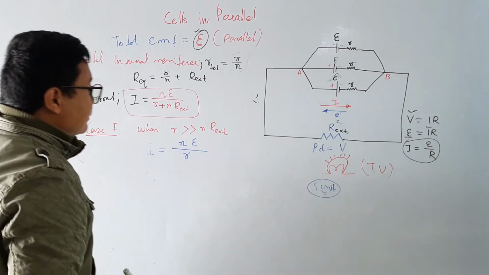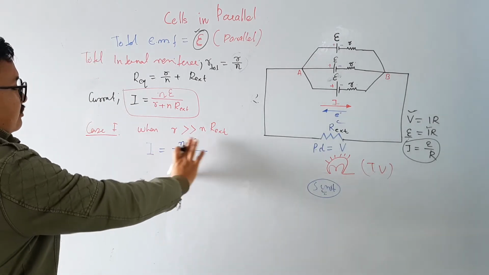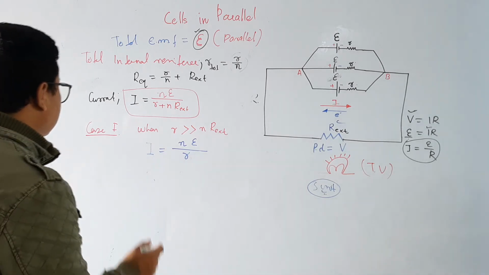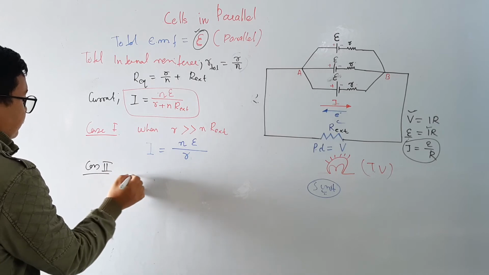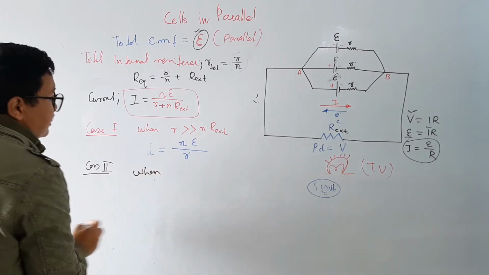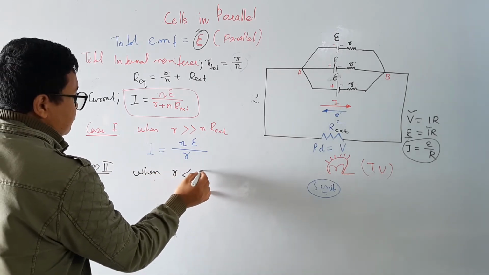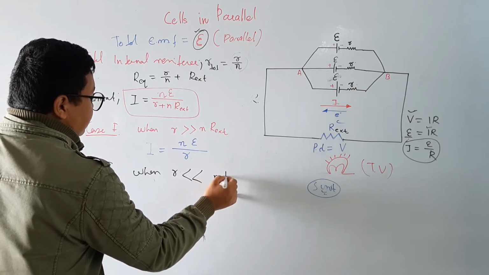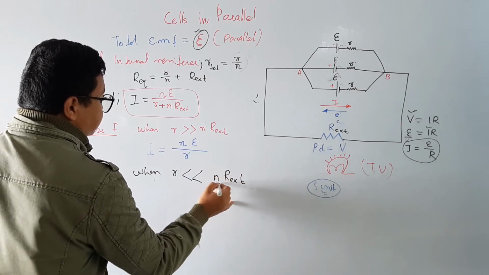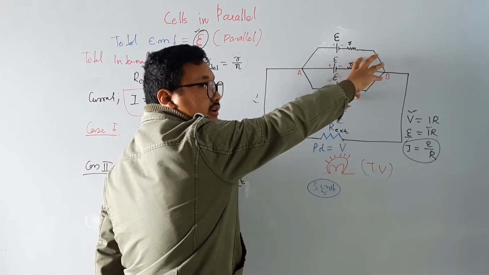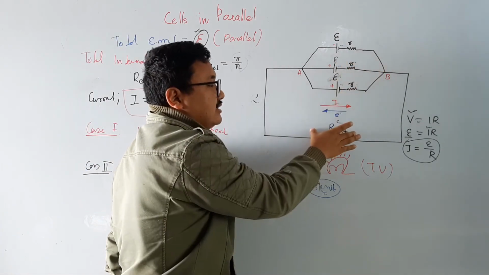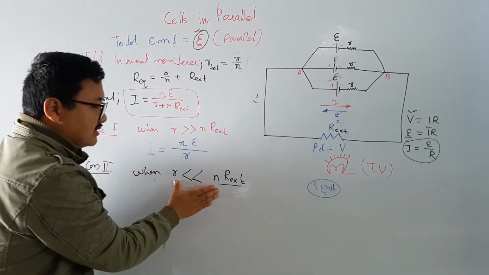Next, I will not explain the importance of this now. Next I will do case 2. When, very simple, r is much smaller than n R EXT. It means that the internal resistance is very small compared to the external resistance, isn't it?